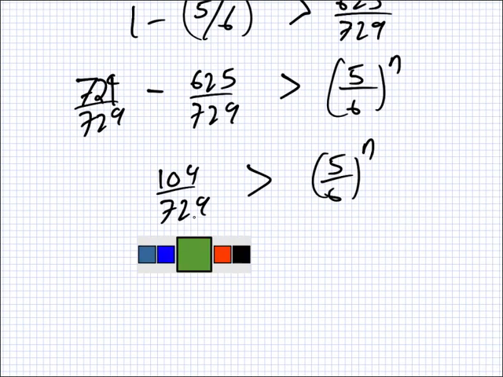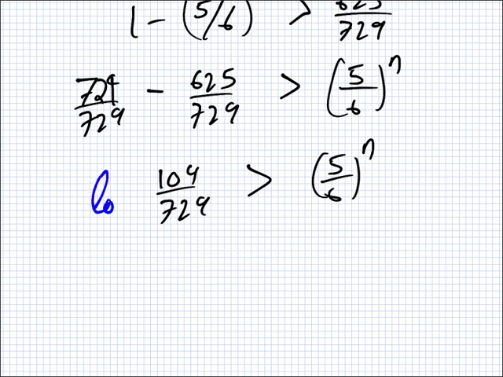So what can you do now? Log both sides. What base should I use? I could save time and use base 5 over 6, because then they cancel and we get n here. Oh no, sorry, I won't do that.